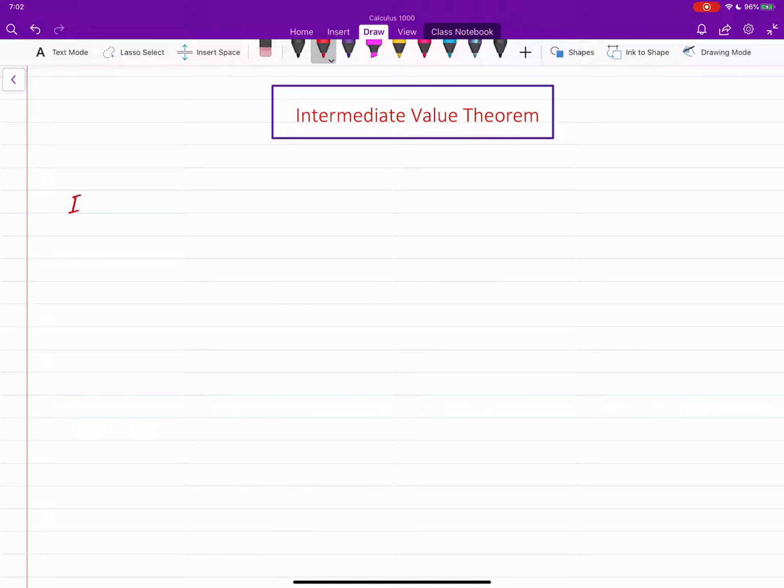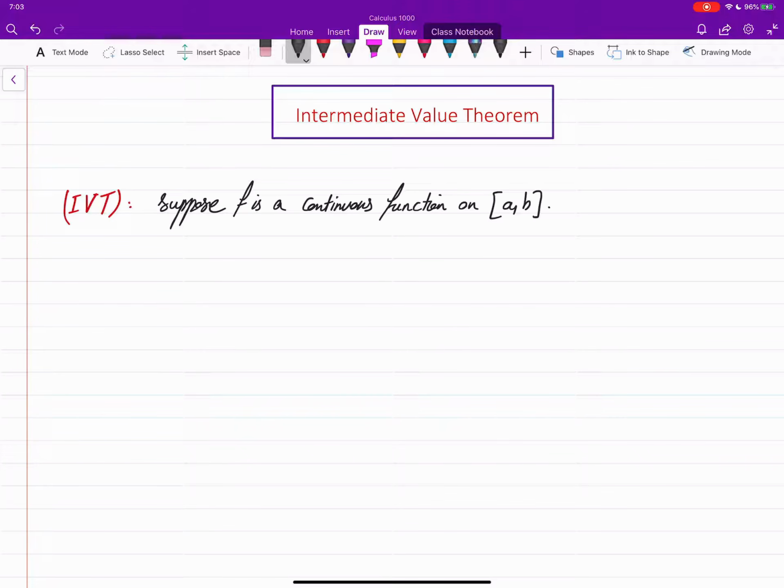So the intermediate value theorem says that suppose f is a continuous function on a closed interval a and b, and also suppose n is a number between f of a and f of b.